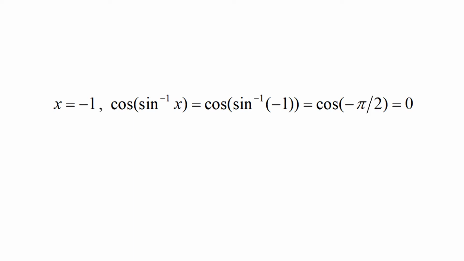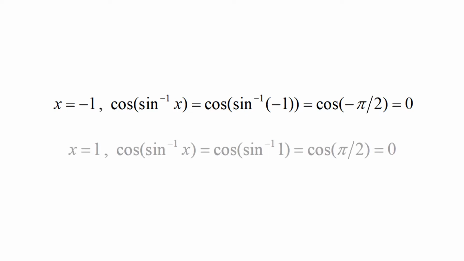When x equal to minus 1, cos of sin inverse of minus 1 equal to cos of minus pi by 2 equal to 0, and when x equal to 1, cos of sin inverse of 1 equal to cos of pi by 2 equal to 0. Hence, we cannot expect y equal to sin inverse of x to be differentiable at x equal to 1 or at x equal to minus 1.